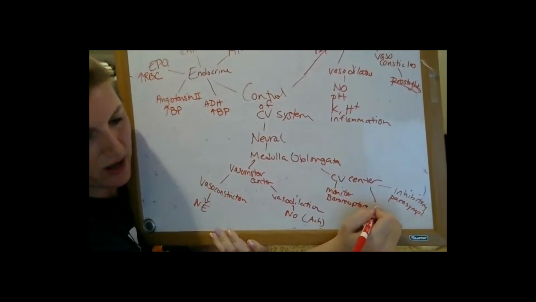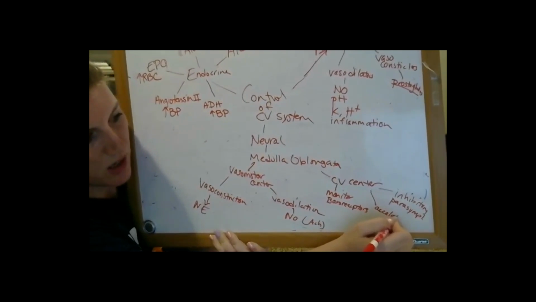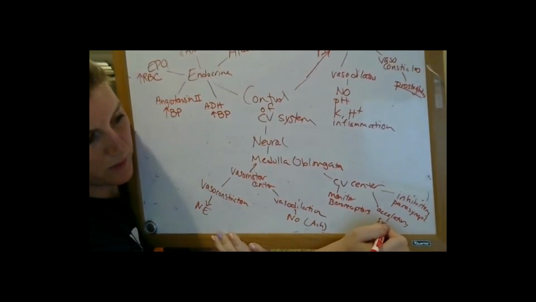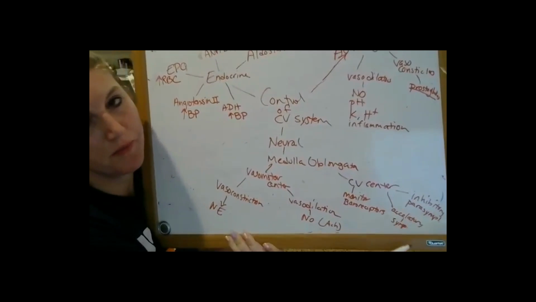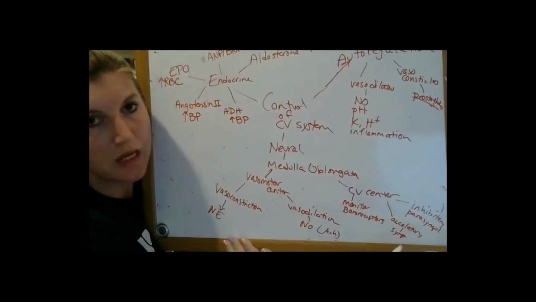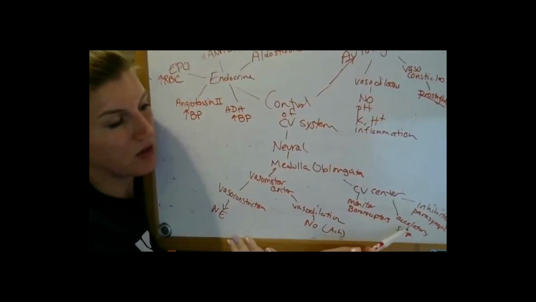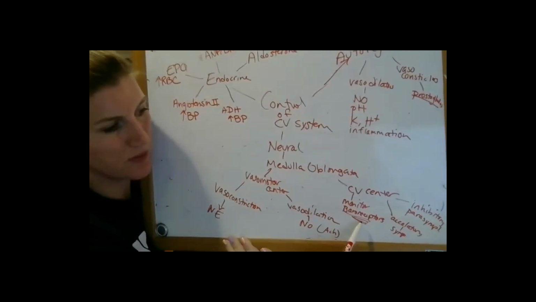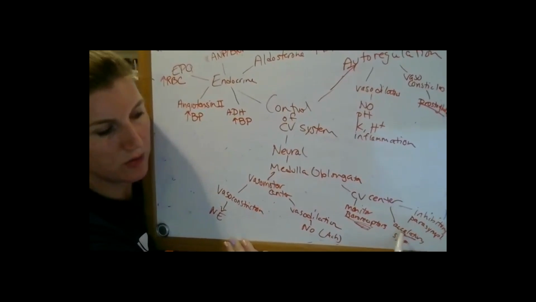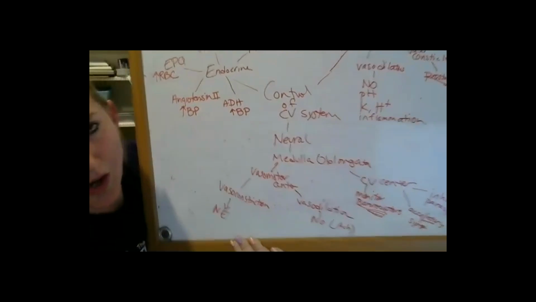And it could also have acceleratory through the sympathetic. So sympathetic or parasympathetic pathways would be utilized depending on the input from the baroreceptors. Baroreceptors will say, we need to accelerate or inhibit whatever's going on based on the input on the blood pressure.